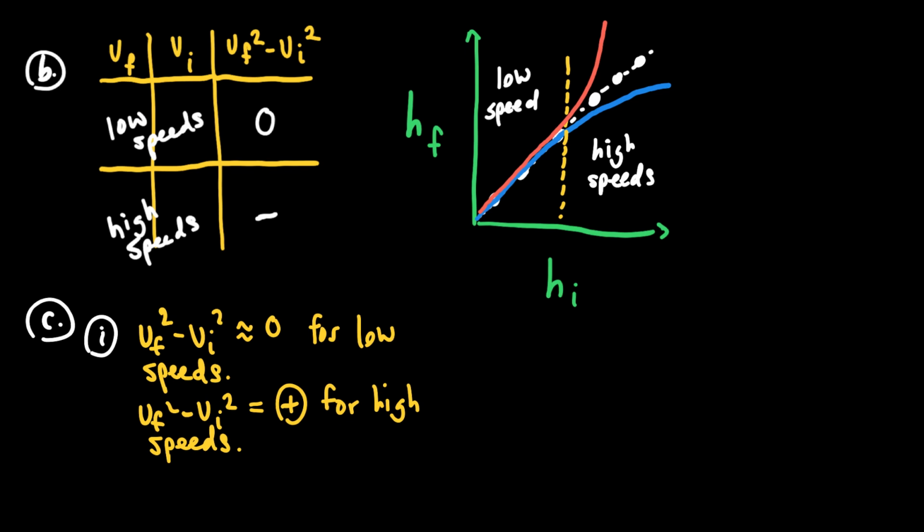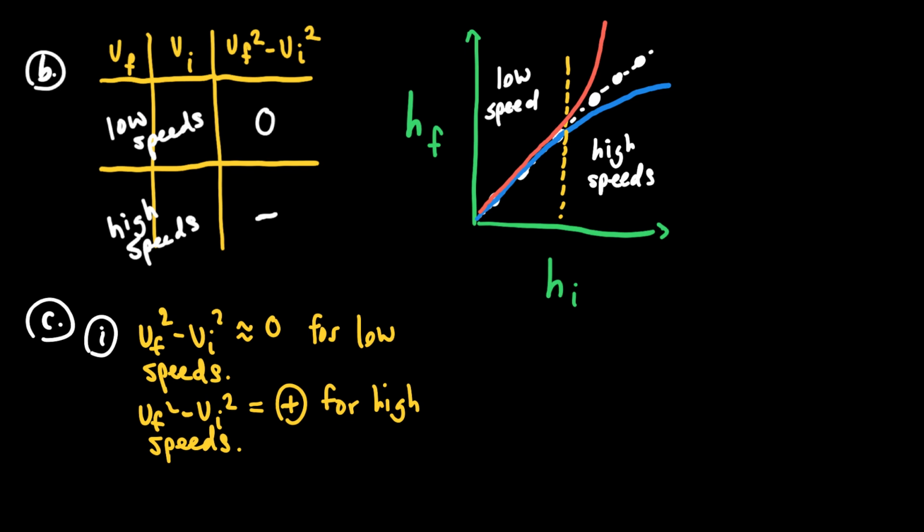Because if VF squared minus VI squared is a positive number for high speeds, then that means the final velocity was greater than the initial velocity. And I know that if I drop an object, at best, it's going to come up with a speed that's almost equal to, but a little bit less than the initial speed that I dropped it with. And for that reason, the difference in those quantities cannot be positive. That is a violation of the conservation of energy, because I have more energy than when I dropped it.